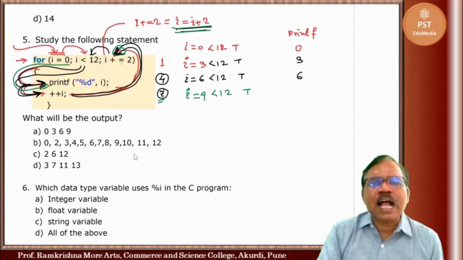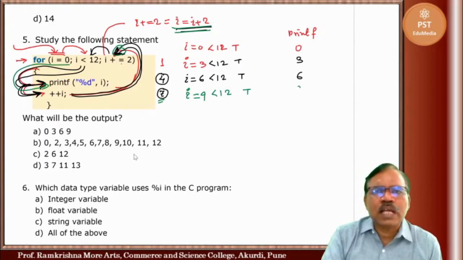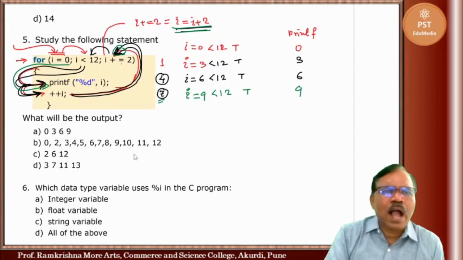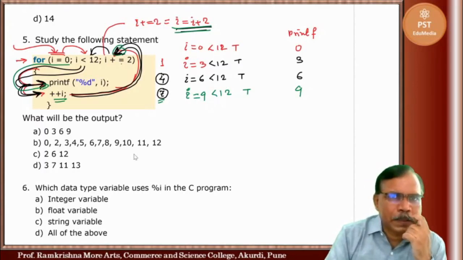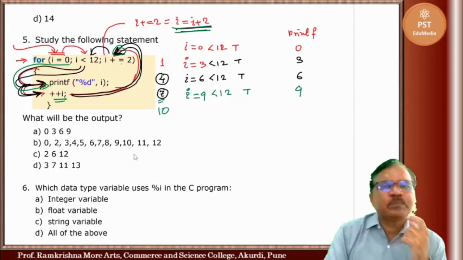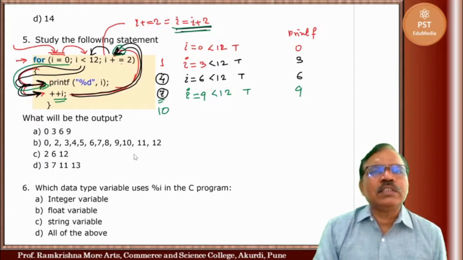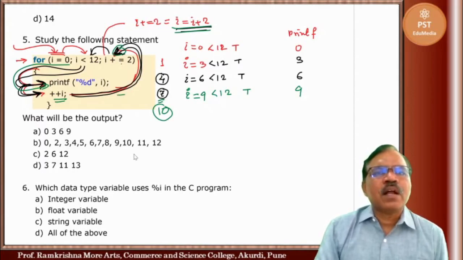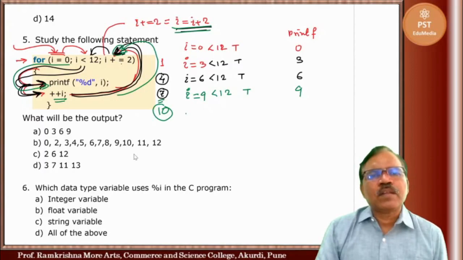It prints i, so 9 is printed. Now i becomes 10 here, because 9 is here. i becomes 10. Now 10 plus 2, so 12. i becomes 12.